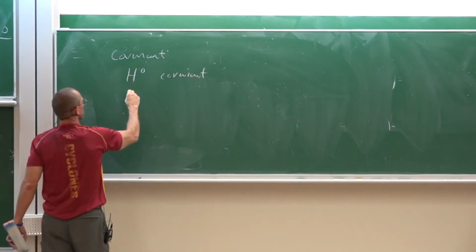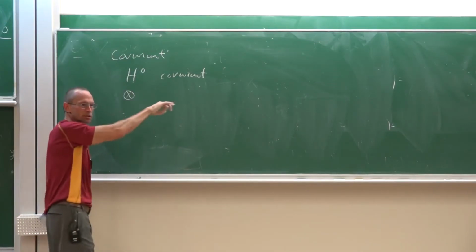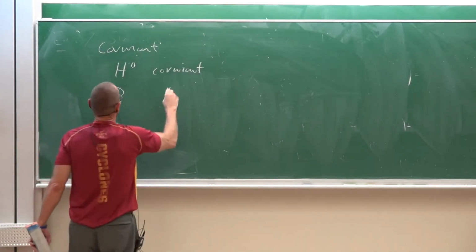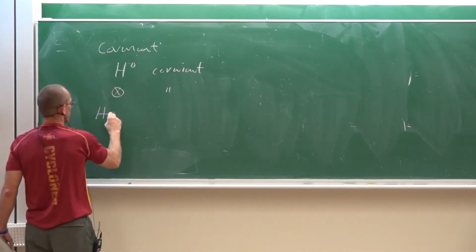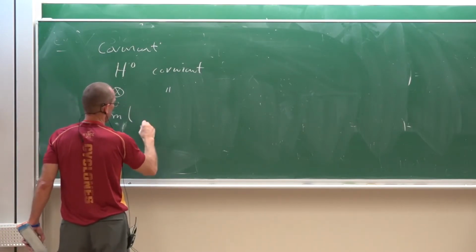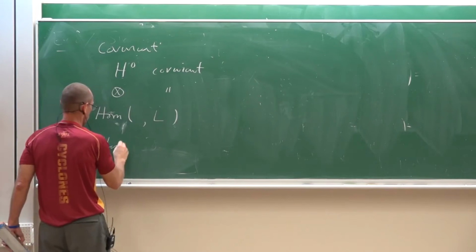How about tensor product? Tensor product preserves the direction, right? Yes, when I tensor with an object, tensor product is covariant. What about Homs? Say I'm homing into L, I'm just going to leave it there, Hom.